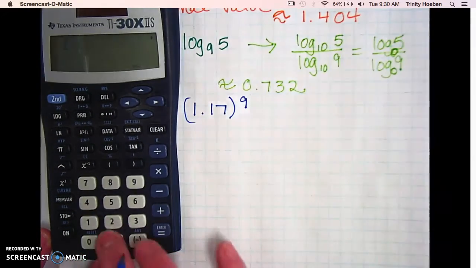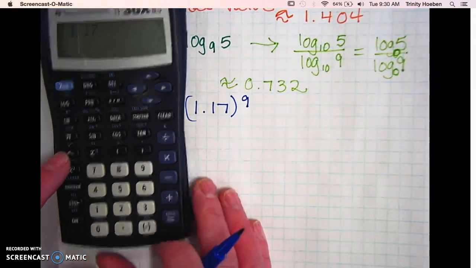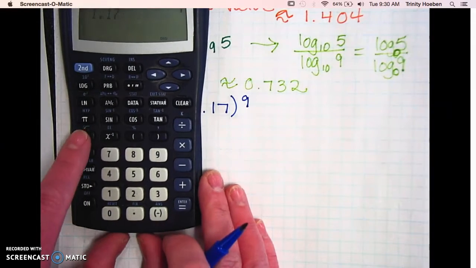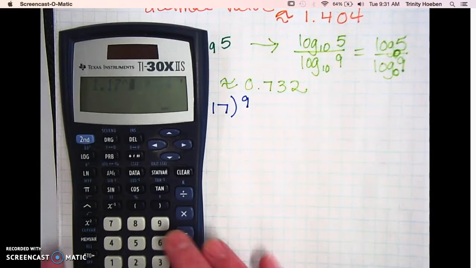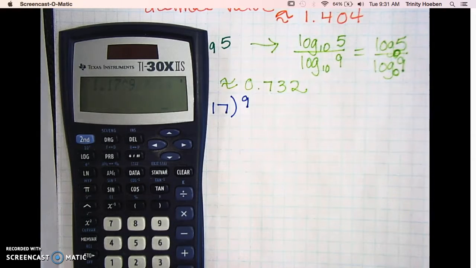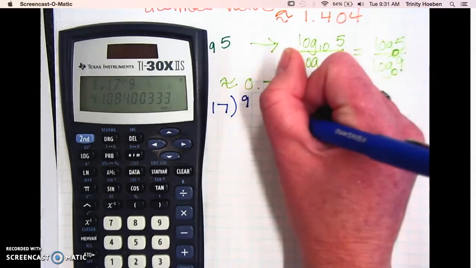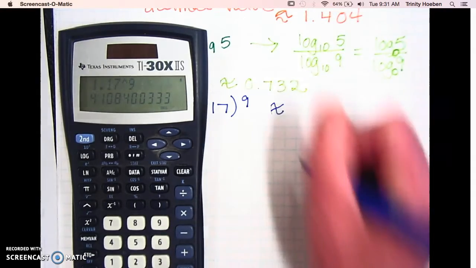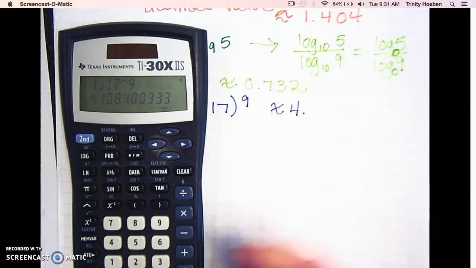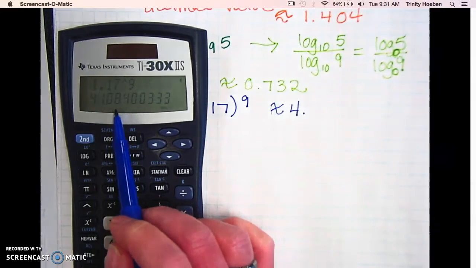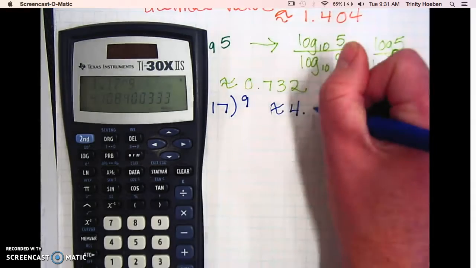So you just type 1.17 and then you're going to use the little arrow pointing up. It's called a caret. And then you're going to type the 9th power, hit the equal sign. I got approximately 4.108, and it's going to stay an 8 because there's a 4 next to it.